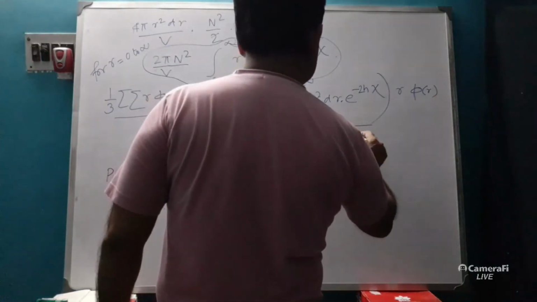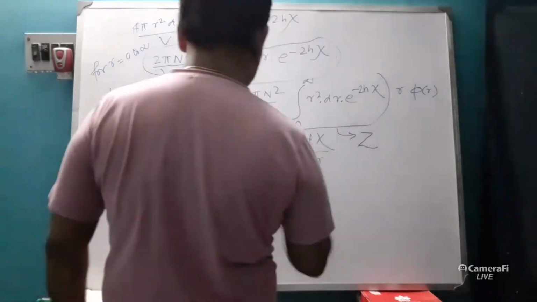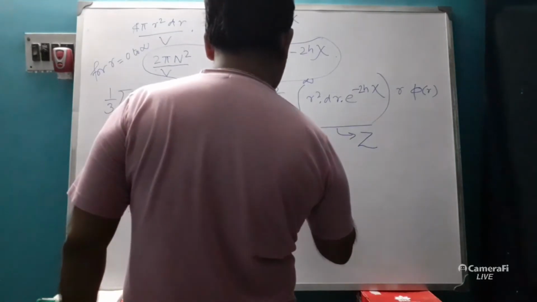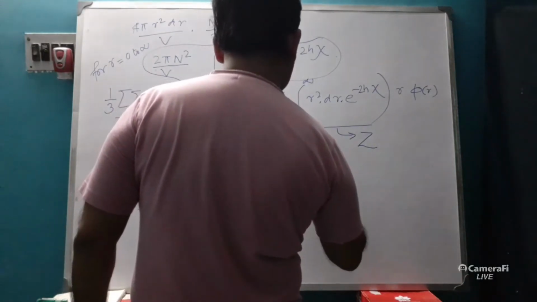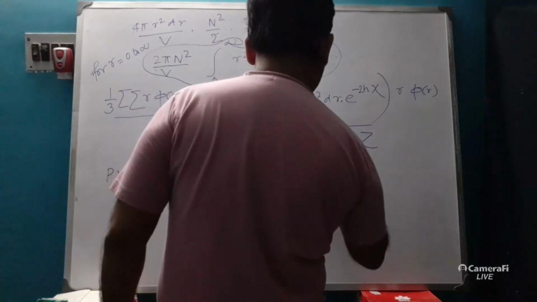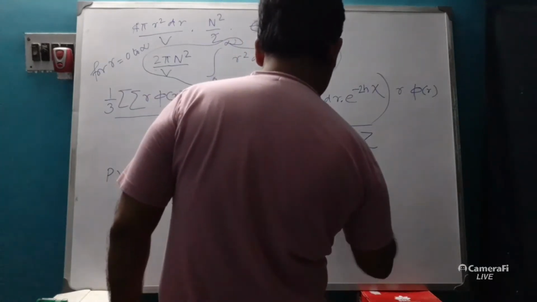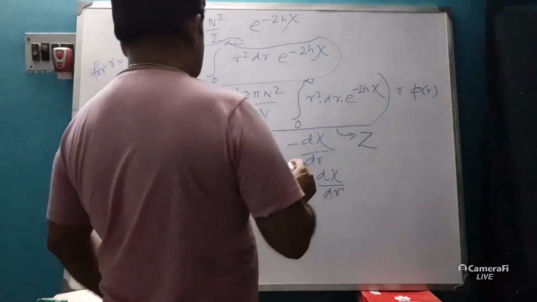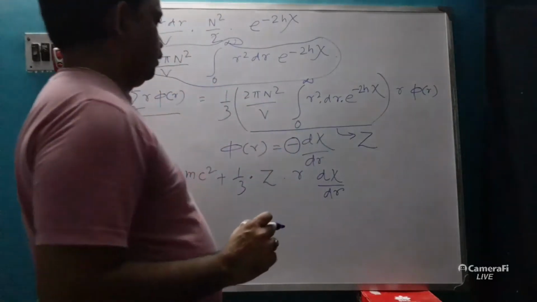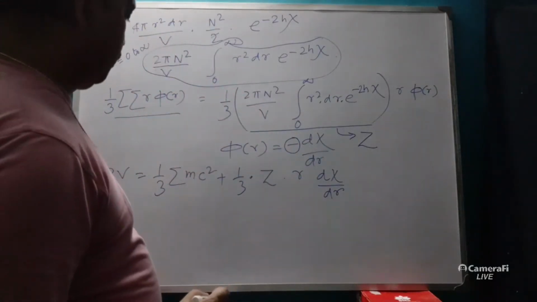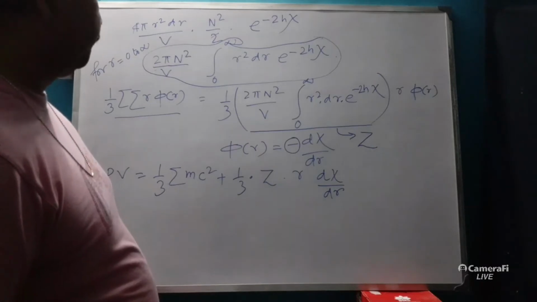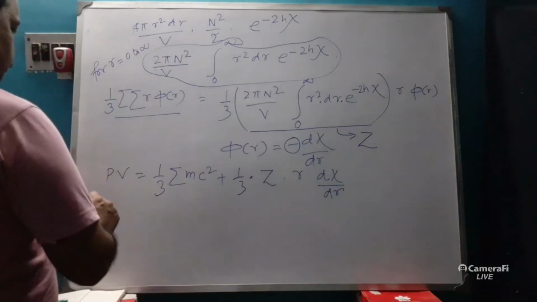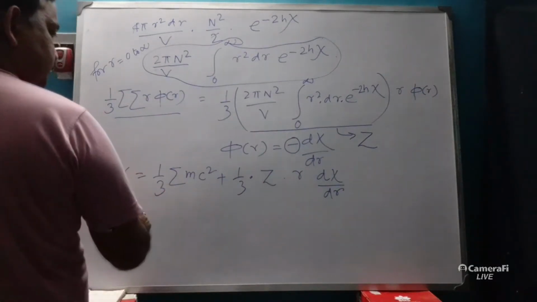Let's assume this part as capital Z, 1/3 into Z, r phi means d phi dr. We dropped this negative sign, considering this force to be repulsive by nature. So we just write it down over here.